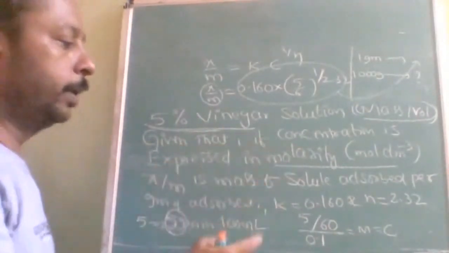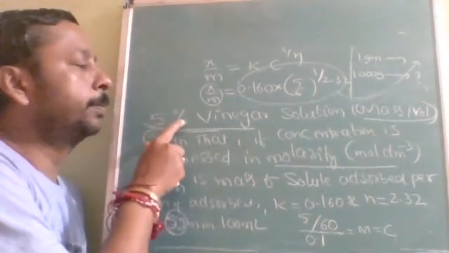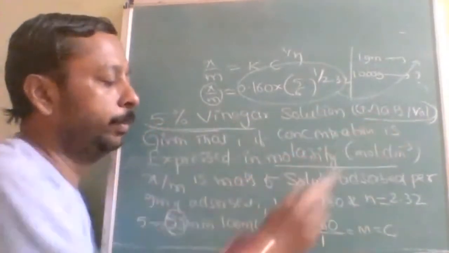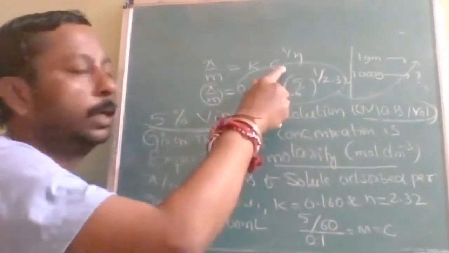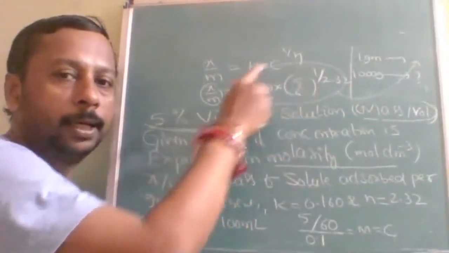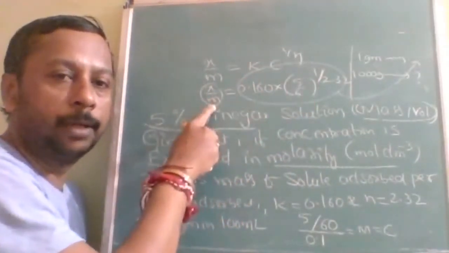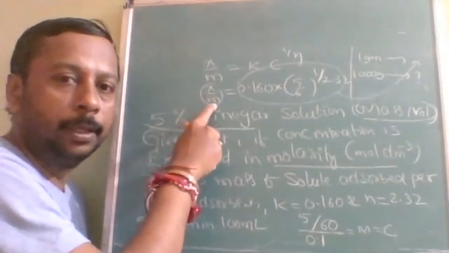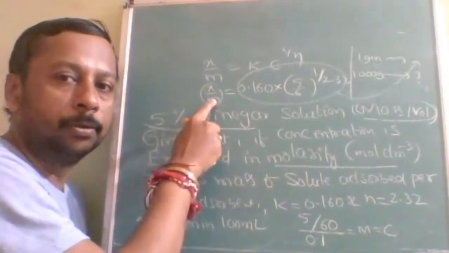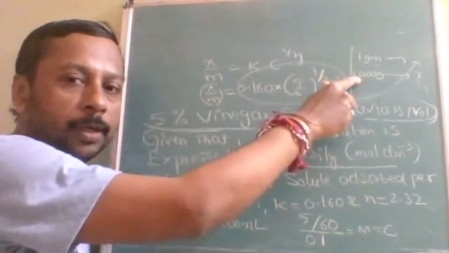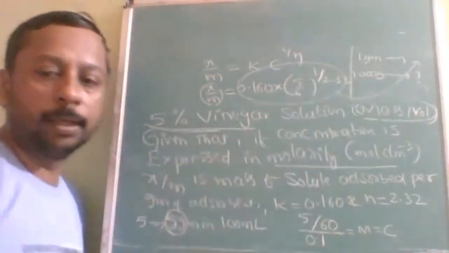First, I have converted the given mass percentage, mass by volume, into molarity. Then I substituted that in the formula in place of the C. N and K are given. X upon M I have determined. X upon M is per gram. So I want 1 kg. Therefore, 1000 gram is equal to question mark. Okay.